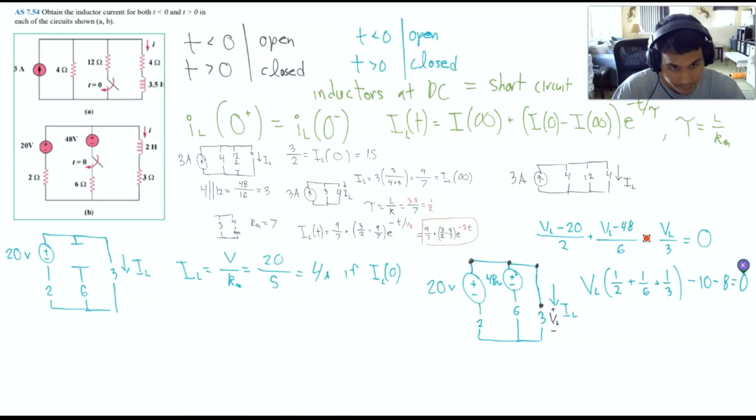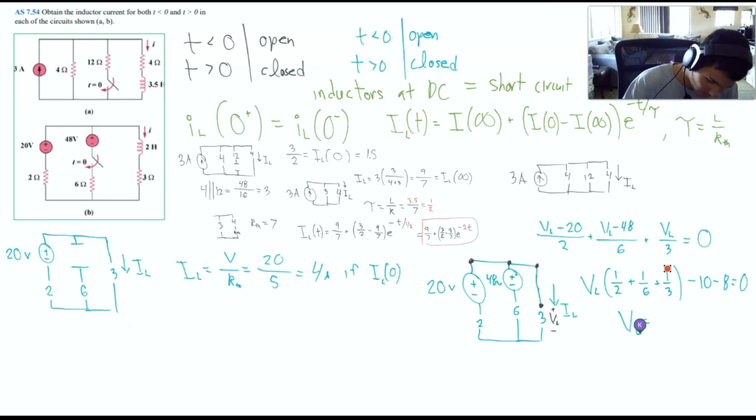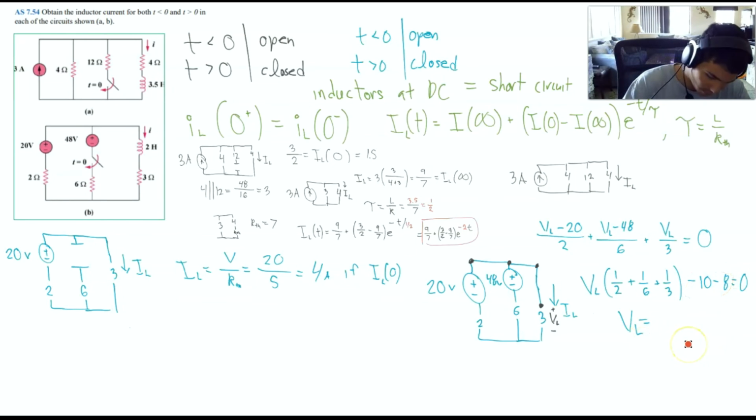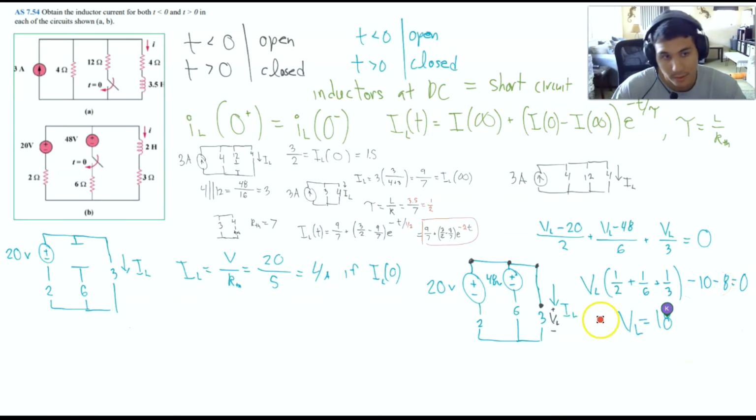Okay. So if I think about them as all a common fraction of 6, this will be 3 plus 1 plus 2. 3 plus 1 plus 2 is 6, so that's 6 over 6. So VL is equal to, and then if I add these two, this is negative 18, and I put it on the other side. VL is equal to 18. There we go. That's all nice. Good.